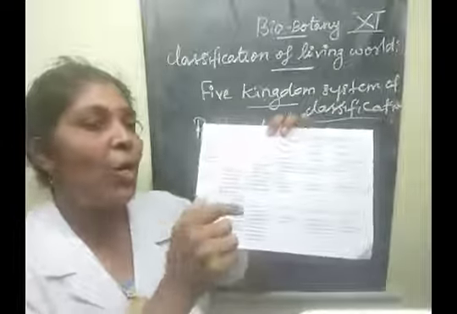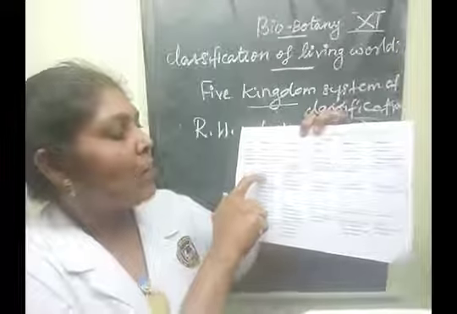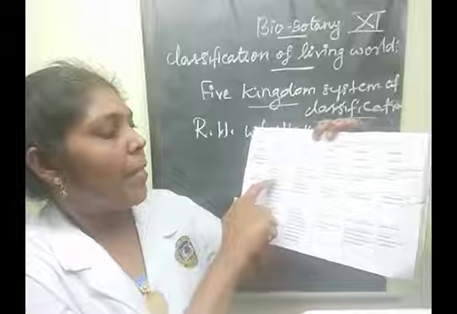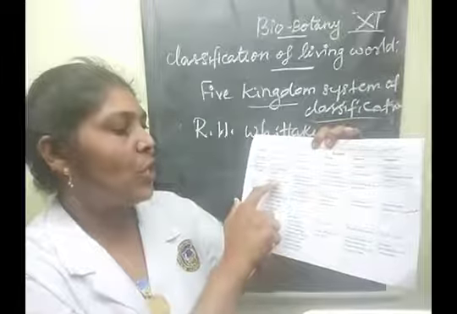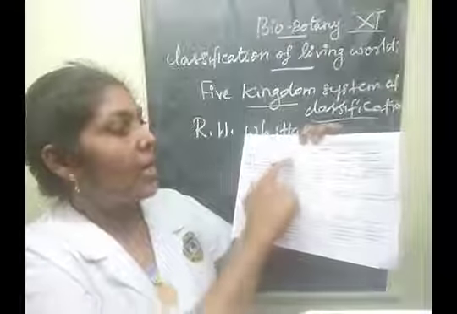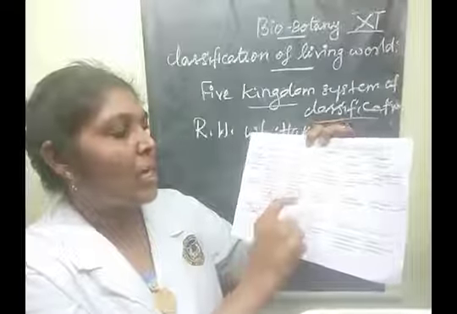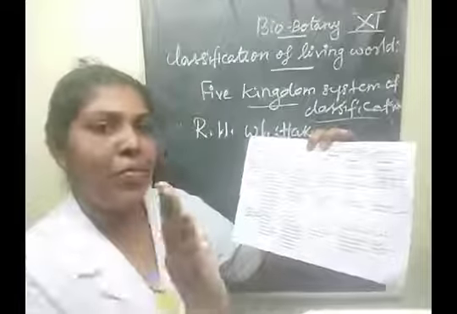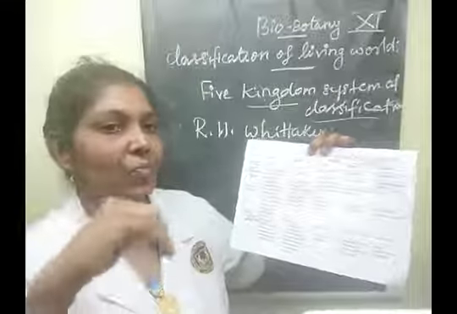Next one, the cell wall substance. What are the cell wall substances present here? In Monera, the cell wall is made up of peptidoglycan and mucopeptides. So these are the 2 chemical substances present in the cell wall of the Monera kingdom. Then Protista, in some organisms the cell wall is made up of cellulose, and in certain conditions it is fully absent.